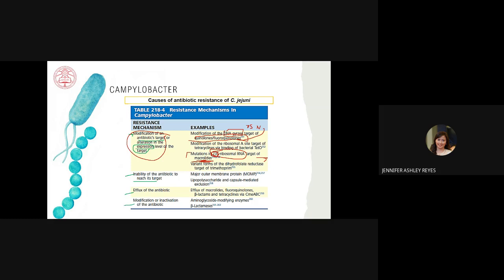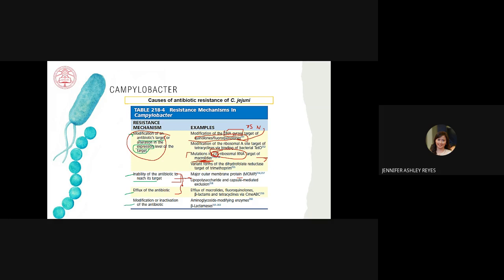Next, if an antibiotic has decreased ability to reach the target, the Campylobacter can also develop resistance by changing the bacterial outer membrane, making them more impermeable to certain antibiotics. So, during this time, nag-overlap yung mechanism of development of efflux pumps, which will actively pump out the antibiotics in order to prevent them from entering the cell.